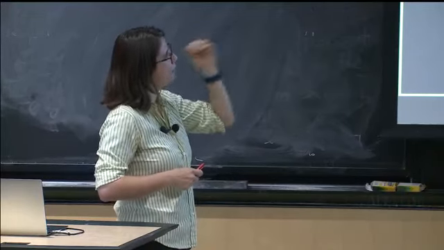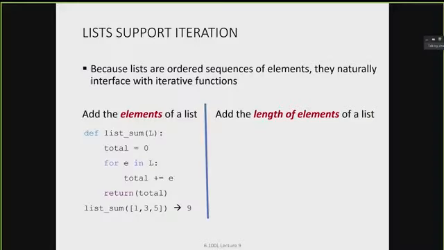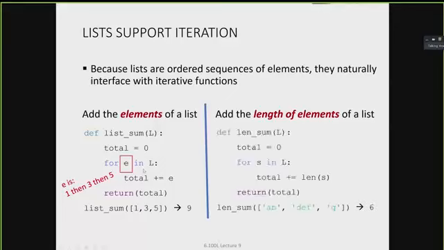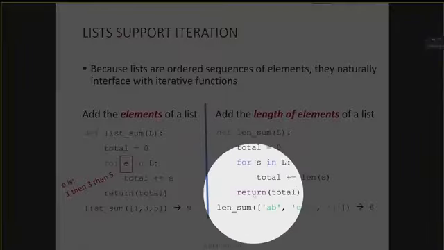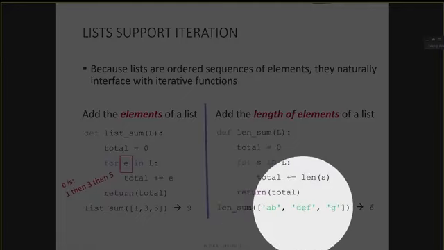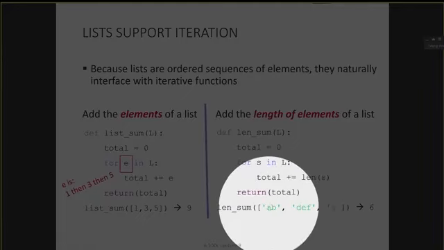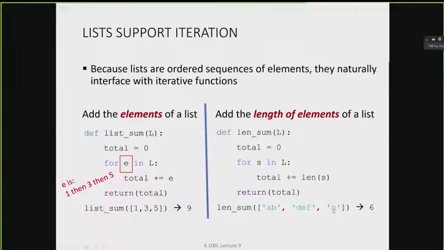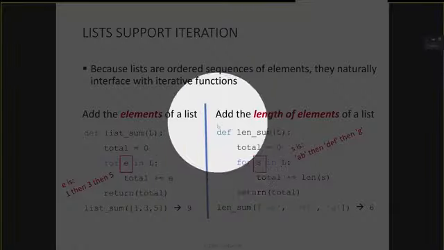So once we iterate over list elements directly, it makes code that we write really easy to read. Here, the code on the left is going to iterate over the elements directly and get the running total. But we can make a really small change to the input list. Let's say our input list no longer takes in just numbers, but it can take in strings. We can make one small change to our loop body.